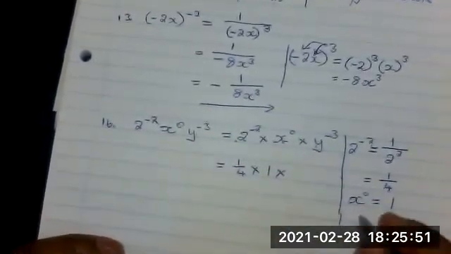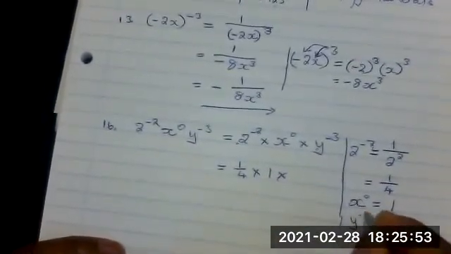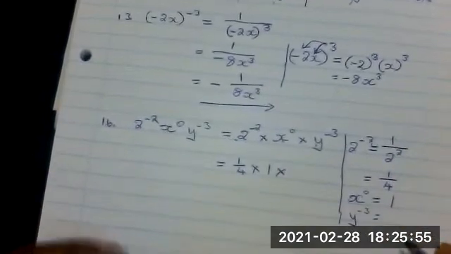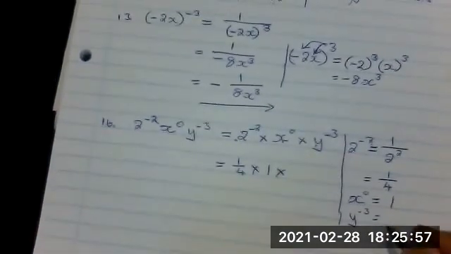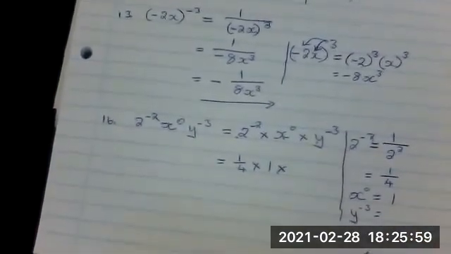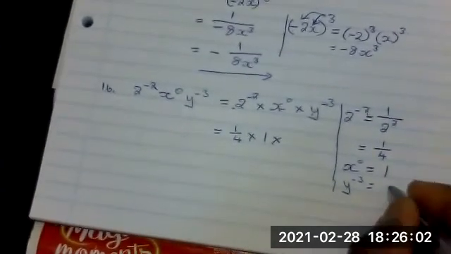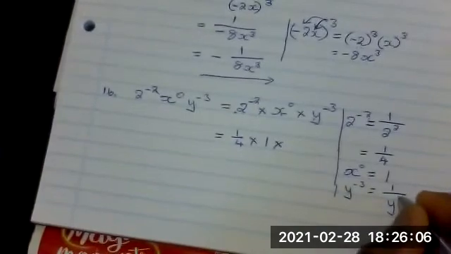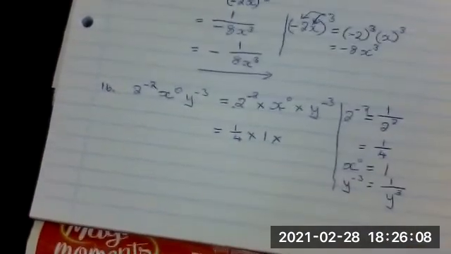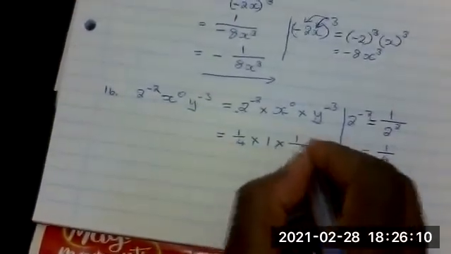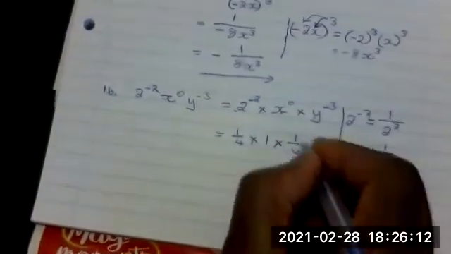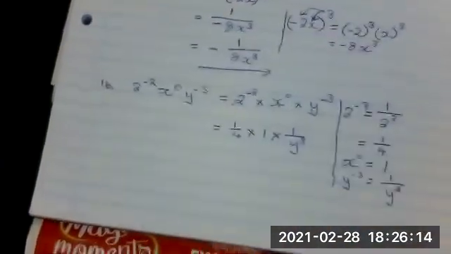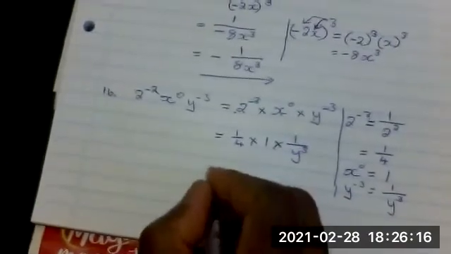Then I have the third one being y to exponent negative 3. The exponent there is a negative number, so it means it is going to be equals to 1 divided by y having a positive exponent. So it becomes 1 over y cubed. Right, then from there I can now simplify.